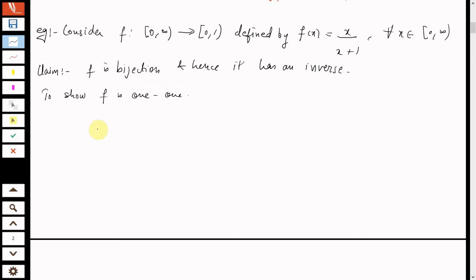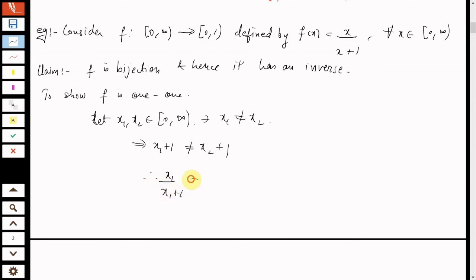So let x1 comma x2 be two points in 0 comma infinity, such that x1 is not equal to x2. Then x1 plus 1 will not be equal to x2 plus 1, and therefore x1 by x1 plus 1 will not be equal to x2 by x2 plus 1.